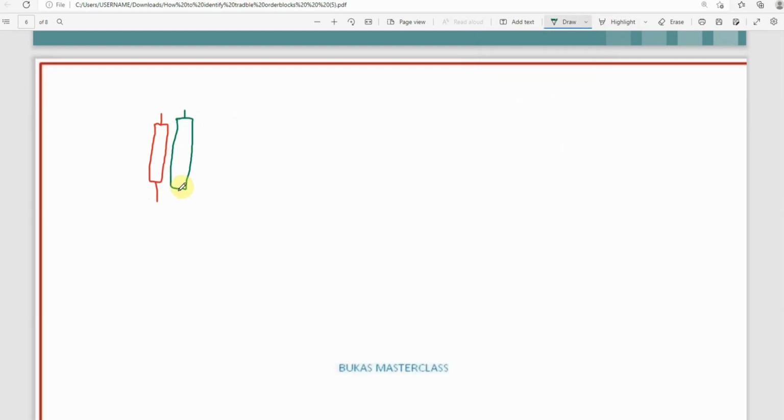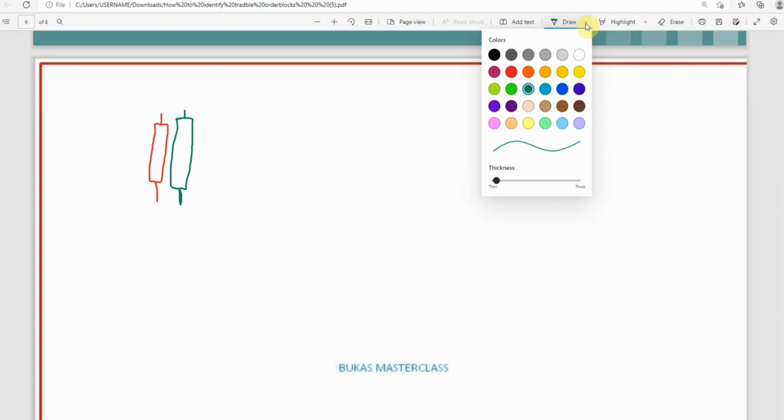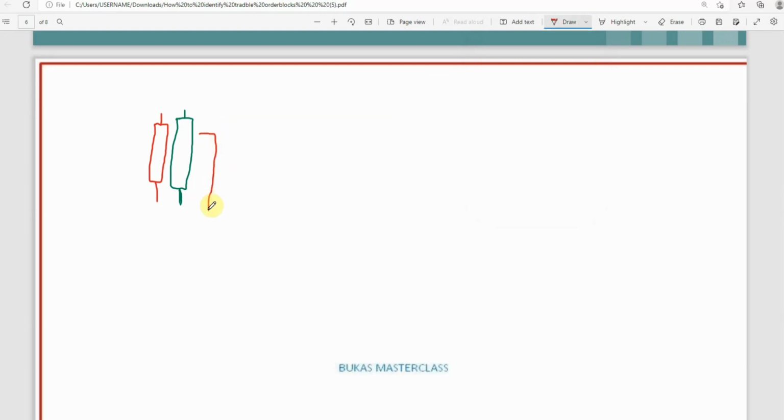We have a bullish candle like this. Okay, now we're also going to have another candle. We're going to have another sales candle like this.